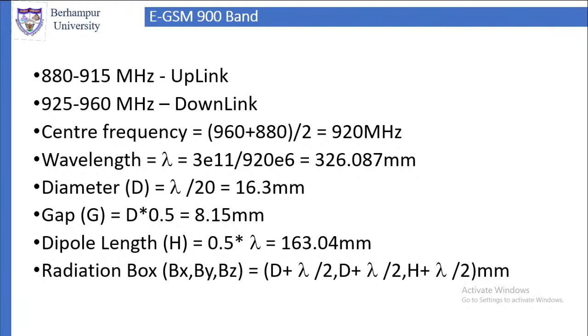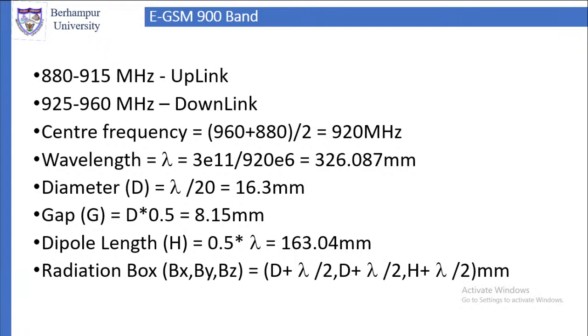If the frequencies are different, there will be no interference. So if we go for an uplink frequency and a separate downlink frequency, then uplink and downlink interference will not be there. That is the main reason for two different bands, one for transmission, one for reception: one for uplink, one for downlink.